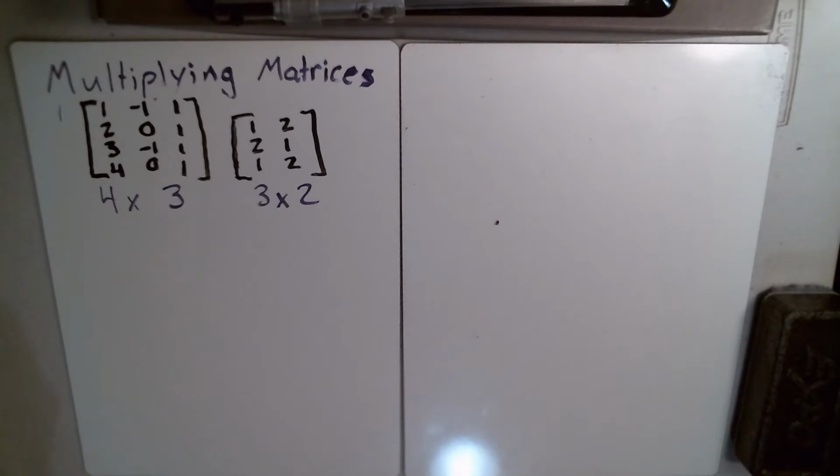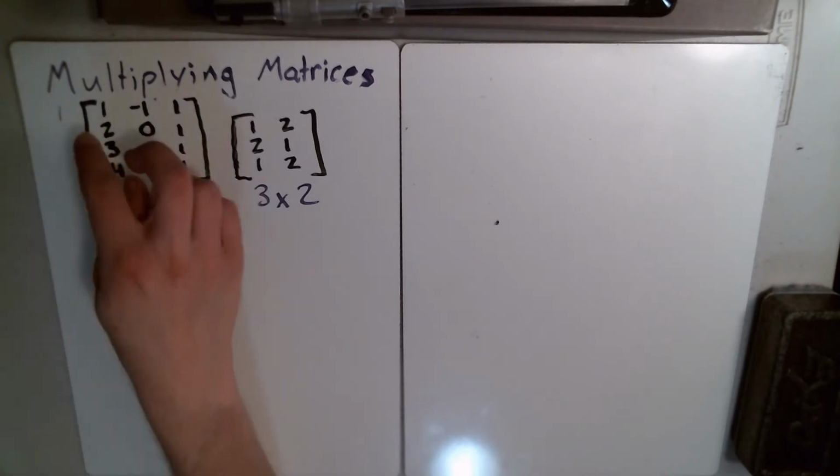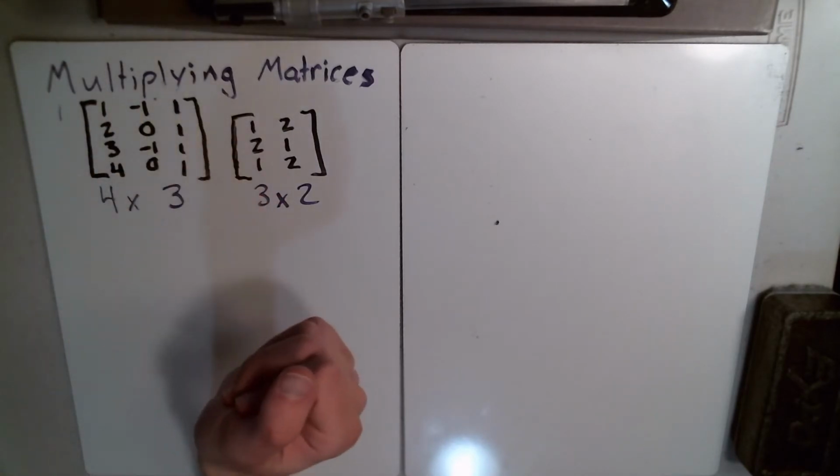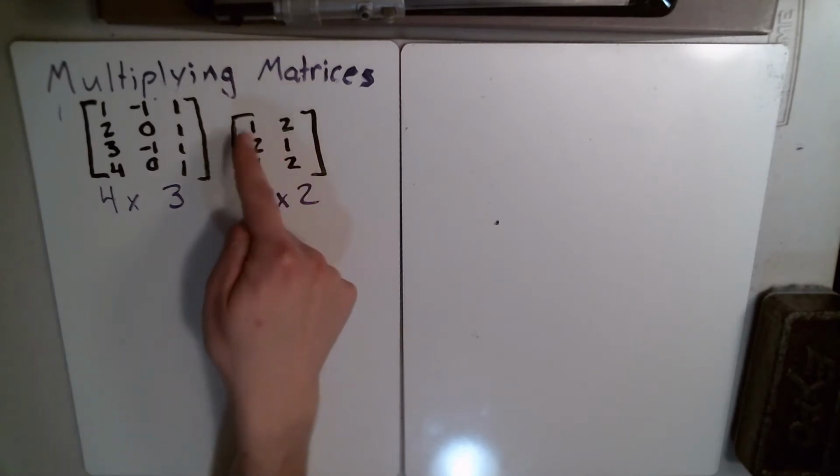I'm going to do another example of multiplying matrices. In this example, I have two matrices that I'm going to multiply by each other. I have this one, and I just made these up off the top of my head, and this one.